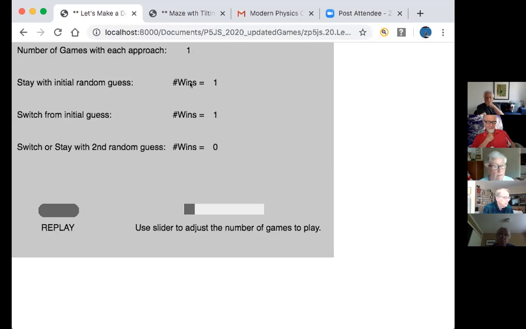So what I've shown here is the first game that I've described the result of, there was one chance. And this actually is three different games. This particular player stayed with it and they actually won. This particular player switched from the initial guess and they won.